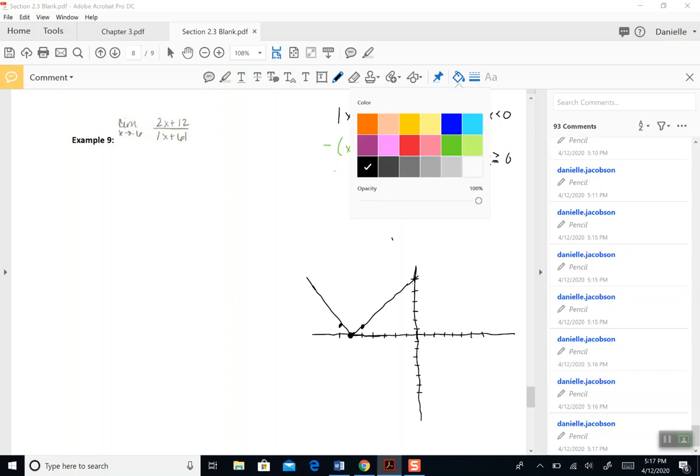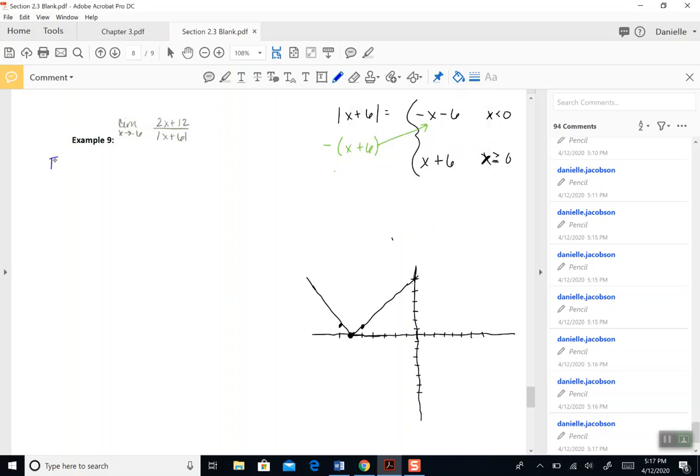Going through that, let's explore this from the left. What we have for that is the limit as x goes to -6 from the left of 2x plus 12 over -x plus 6. It's generally easier to just leave the negative on the outside. You'll see why in a moment. Looking at this, I see that I can simplify. So this is equal to the limit as x goes to -6 from the left.